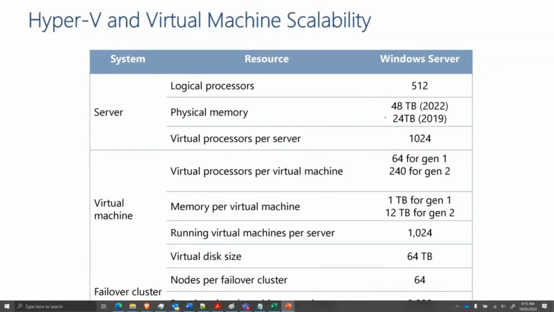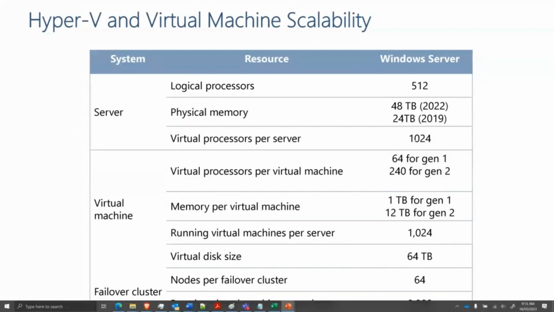The amount of memory, again, these are the upper limits. On 2022, which is the latest version of Server, you can have 48 terabytes of RAM. Again, probably couldn't find a physical system that could accommodate 48 terabytes of RAM, but this is the upper limit. And then the virtual processors is 124.